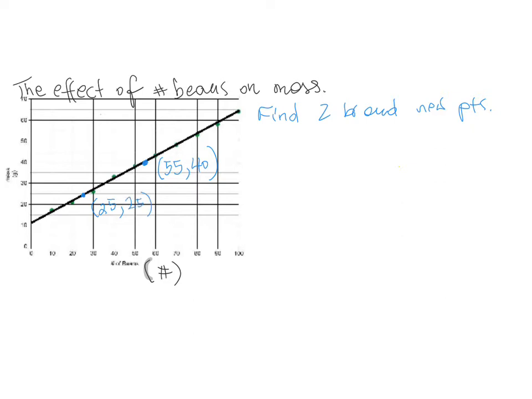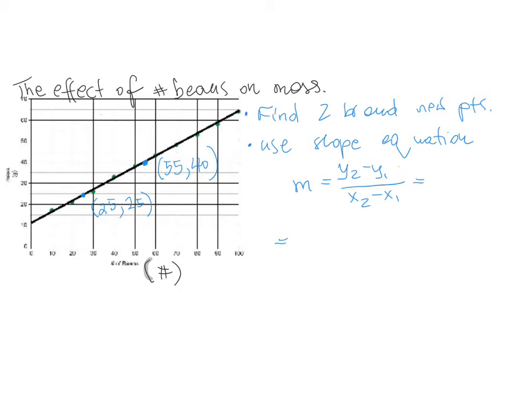Okay. So once I have that, my second step is to use the slope equation, and that is m equals y2 minus y1 over x2 minus x1. I'm going to substitute the points that I found.